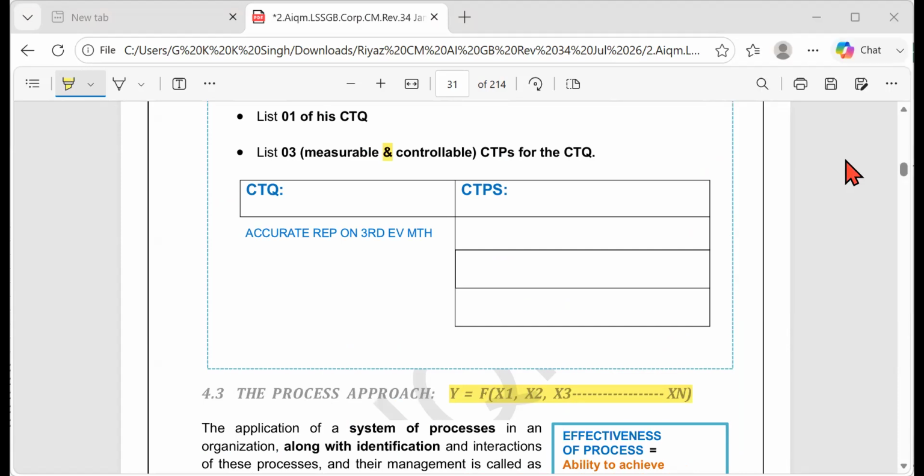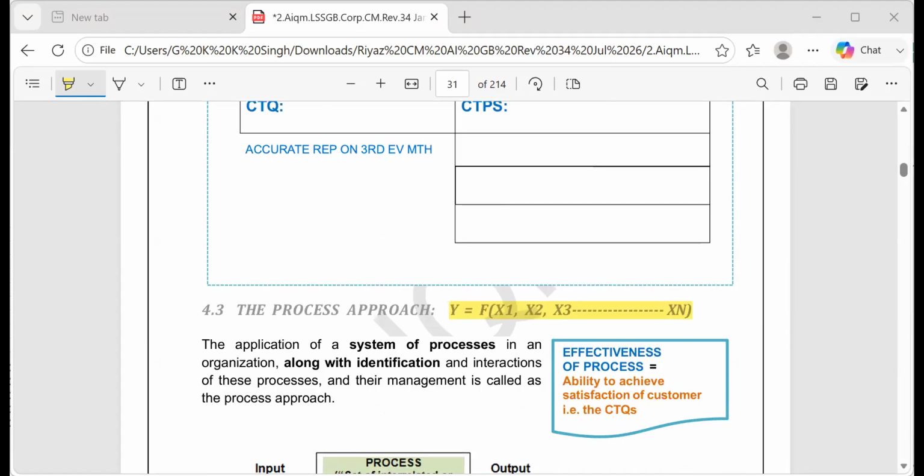So in the project also we are doing the same thing. We have a CTQ. Now you tell me, let us say you have to complete a construction project, what is an example of CTQ? Completing the project on time, that is a CTQ. Is that right, Mr. Costas? Completing the project on time, that is a CTQ.